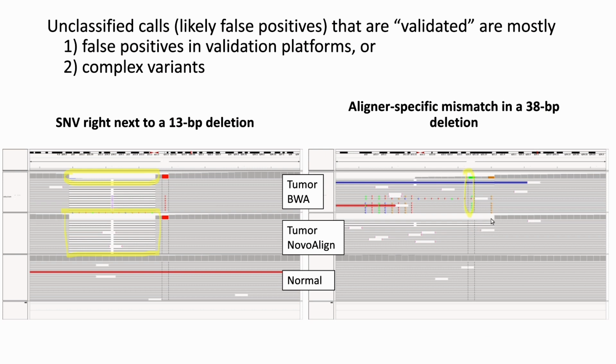Even in the BWA alignment, based on the coverage profile, it's quite clear that a deletion took place where the variant position was aligned. In the validation platform, we used BWA and we counted a number of variant reads that were misaligned. But this is definitely a false positive.